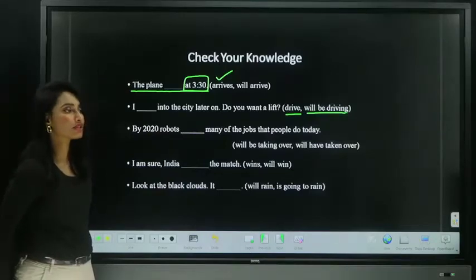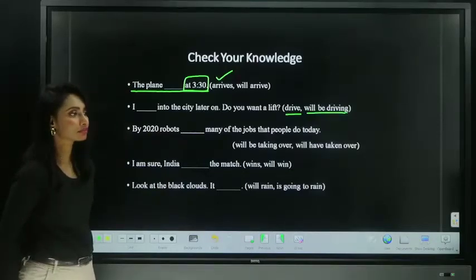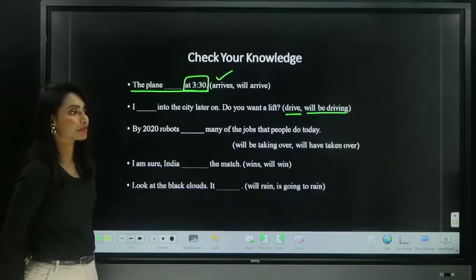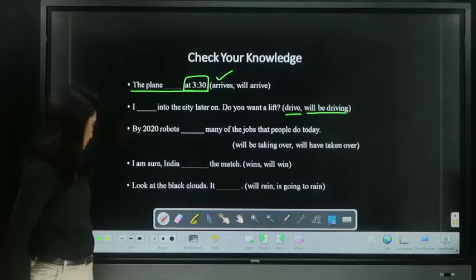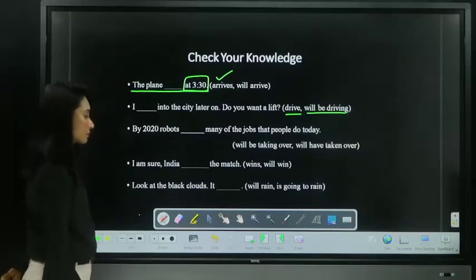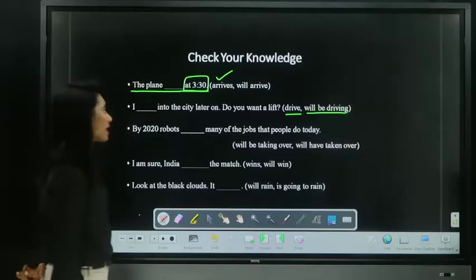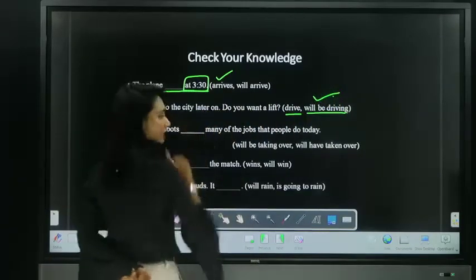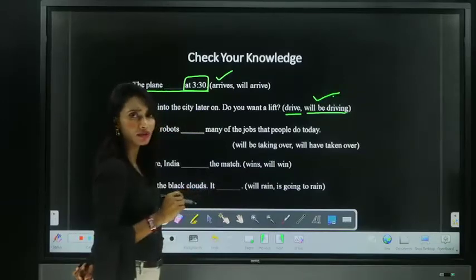Quick, guys. Yes, Swapna, you're right. So, I will be driving into the city later on. Do you want a lift?